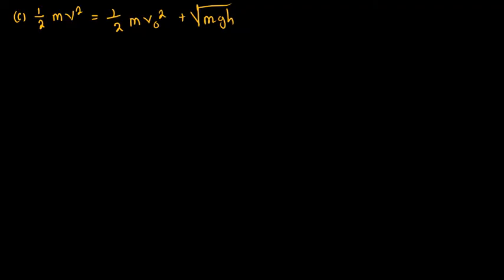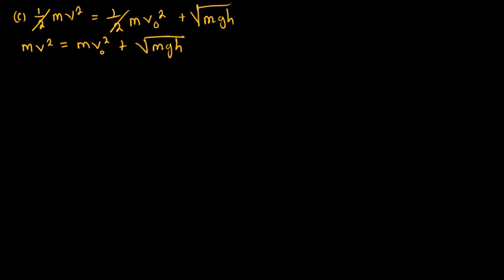Now look at this. Constants are not added under this topic, so we shall remove this. We are going to remain with mv power 2 equal to mv0 power 2 plus the root of mgh. We don't add constants.